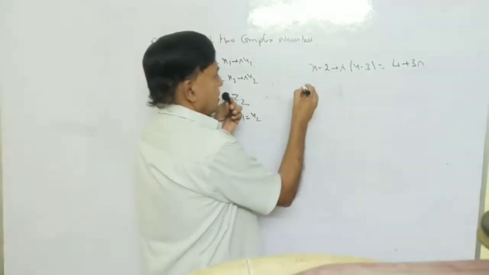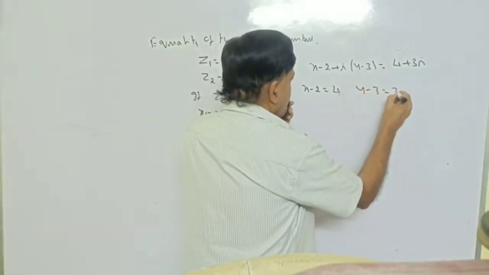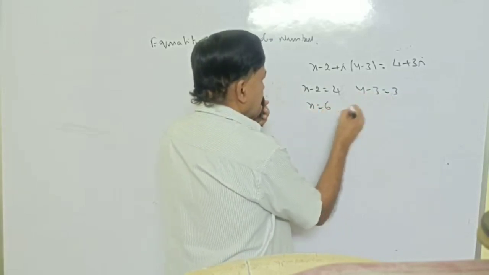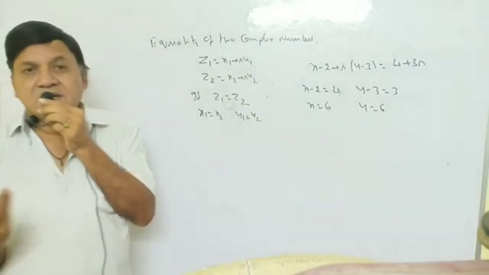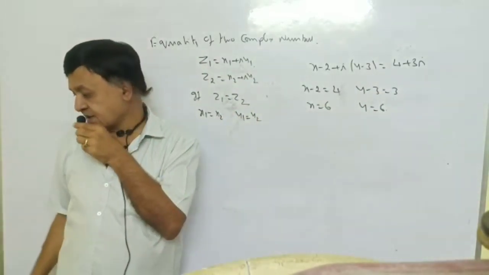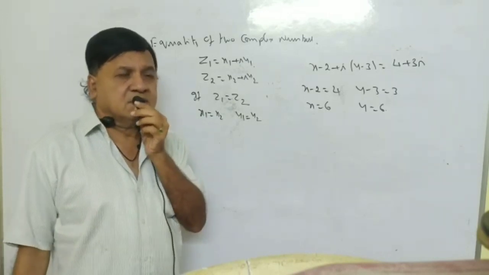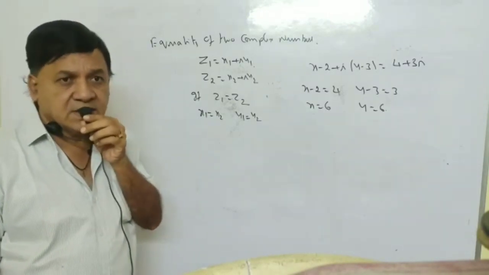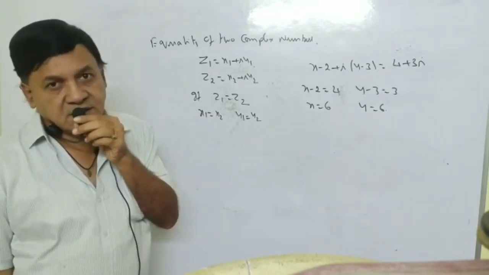Then it is very simple. x minus 2 must be 4, y minus 3 must be 3. x is equal to 6, y is equal to 6. Like that, you can equate two complex numbers. I am once again repeating the point: two complex numbers are equal provided their real parts are equal and their imaginary parts are equal.